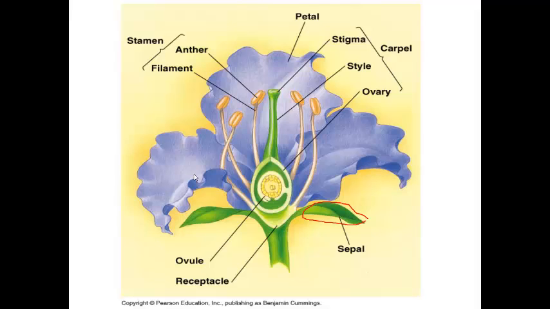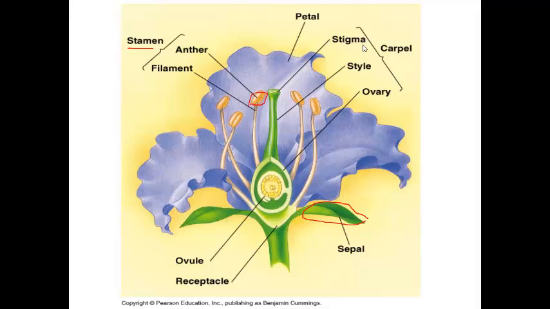If you look at this flower, the male reproductive structure is called the stamen. The stamen contains an anther and it contains a filament. The anther is the structure responsible for the production of pollen, and that pollen grain is going to contain sperm inside of it.